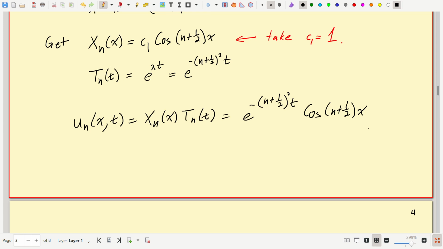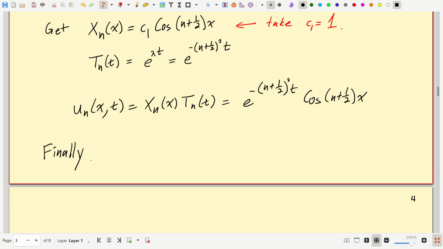And so, of course, that's not enough to get any old initial condition. I haven't worried about the initial condition yet. So finally, this is kind of a review of things we've experienced before. What's different is we're not going to get Fourier series out of it. We're going to get something kind of new and interesting.